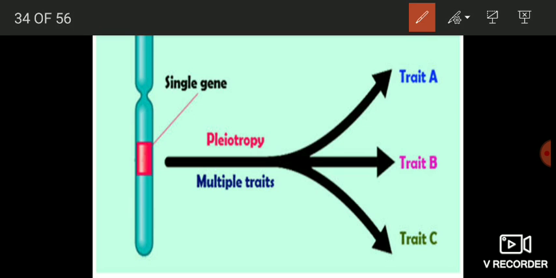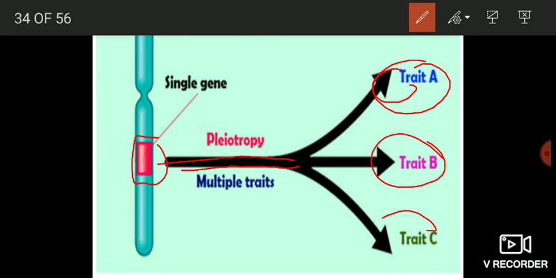Here you can see in the image, you have this single gene, and the protein product it encodes affects a number of unrelated traits: trait A, trait B, and trait C. This phenomenon wherein the protein product of a single gene is involved in a number of pathways and hence affects a number of unrelated traits is known as pleiotropy.